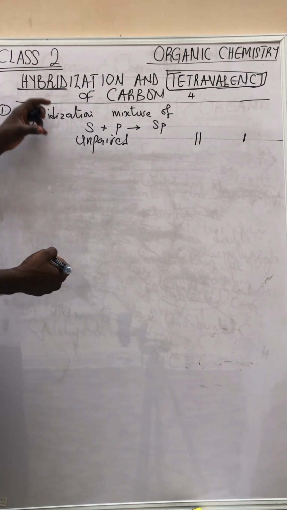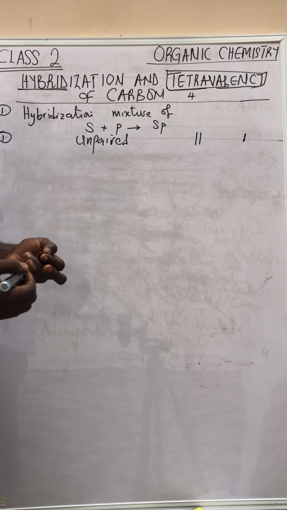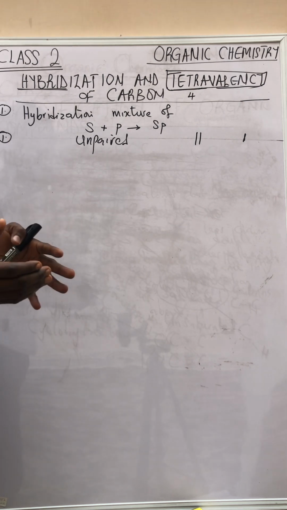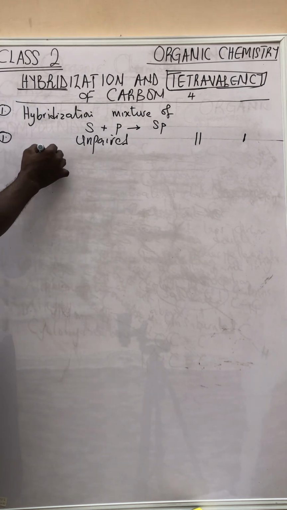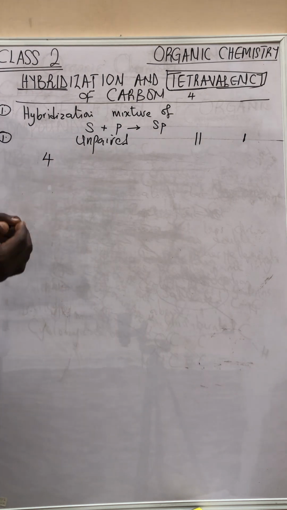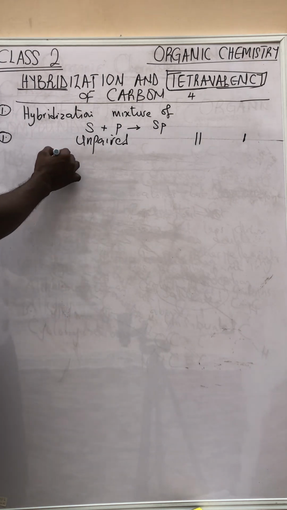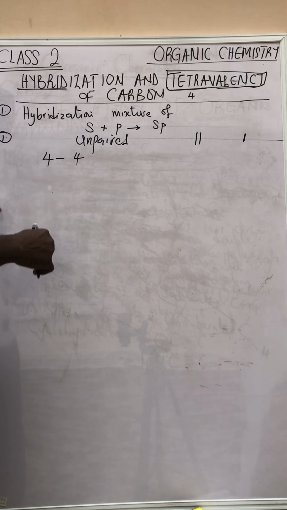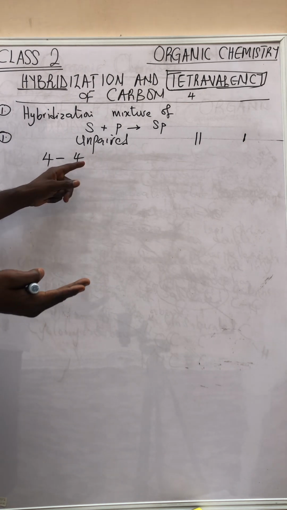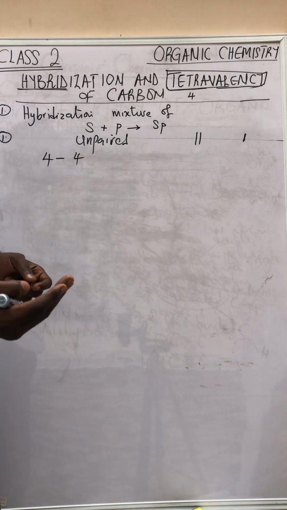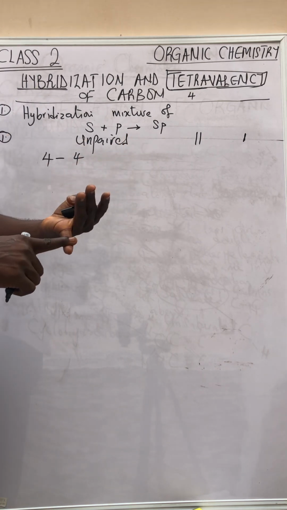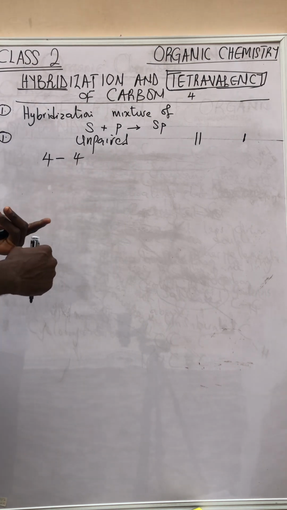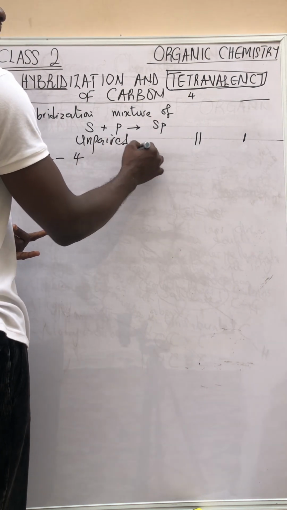Now, how do we form hybridization of carbon? To do that, we must look at the electronic structure of the carbon atom. The carbon atom is found in group 4. That means the valence electron of the carbon atom is 4. If you go to your periodic table, starting from hydrogen, helium, lithium, beryllium, boron, carbon, the atomic number of carbon is 6.